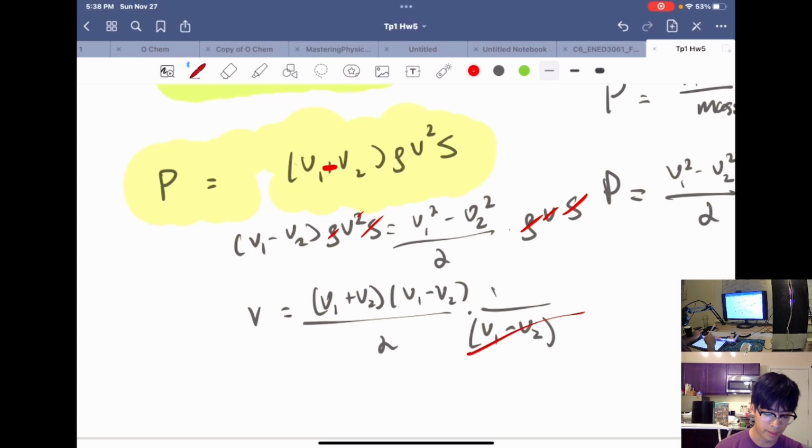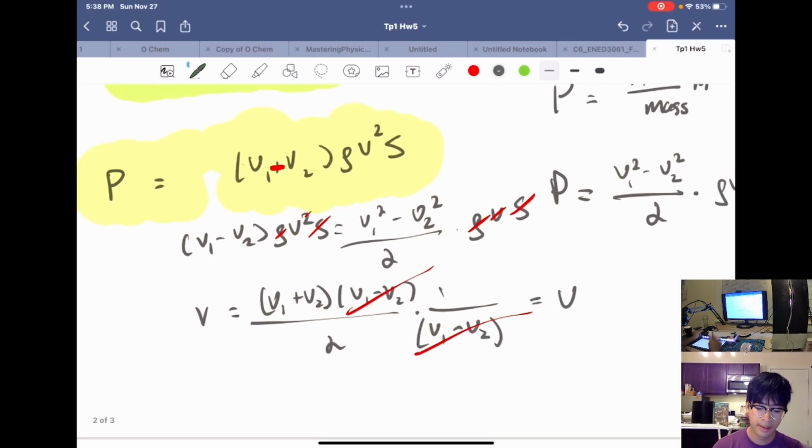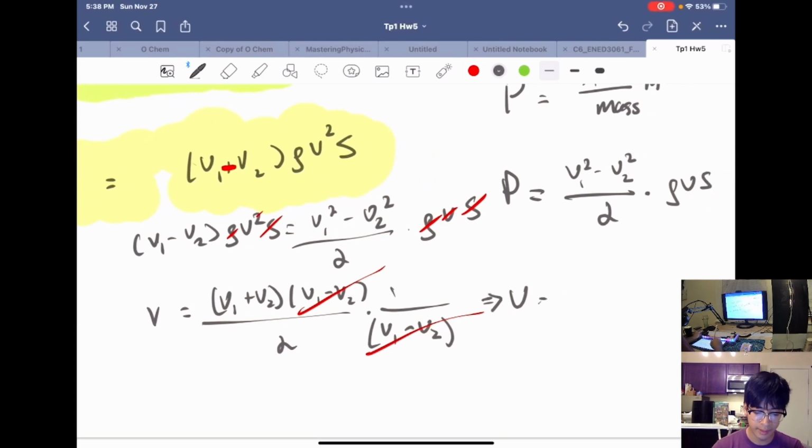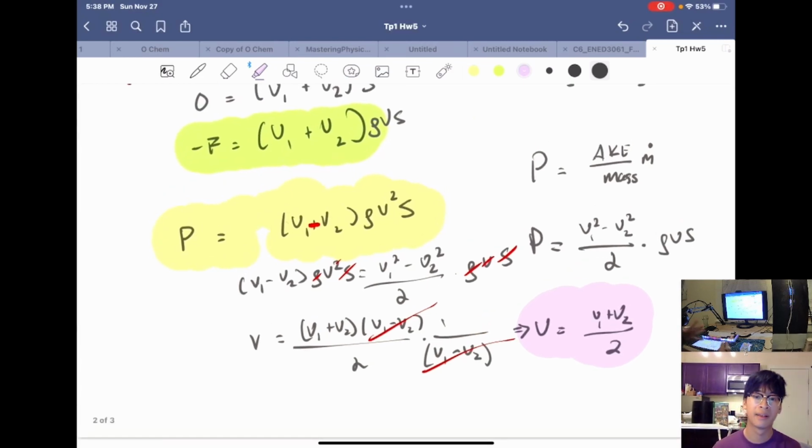Another convenient cancellation. So what do we have? The velocity is equal to v1 plus v2 over 2. Hey, that looks familiar. Looks like an average of the velocity before and after the turbine, right? So logically, that makes a lot of sense, and it also makes a lot of sense mathematically.